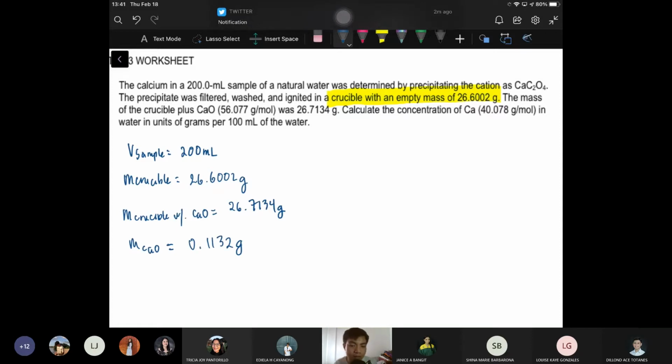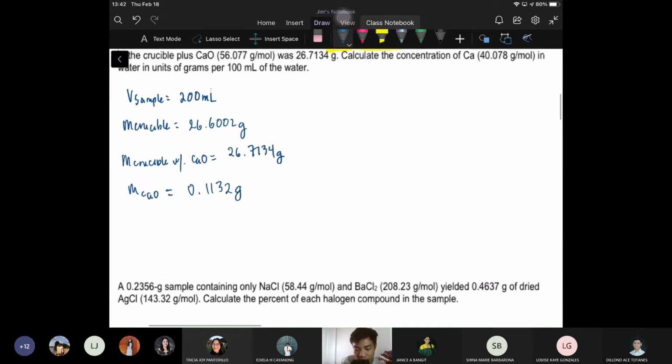Okay? So, since we now know the mass of calcium oxide, we can now convert that into the mass of calcium present in your sample. Okay, so how do we convert calcium oxide to calcium? By using stoichiometry. So in order for us to solve for the mass of calcium, you start with your mass of calcium oxide.